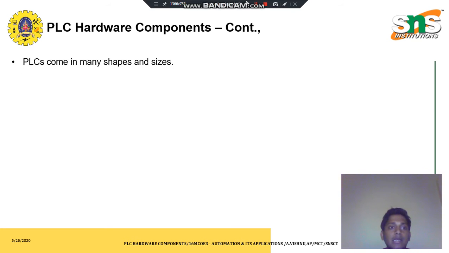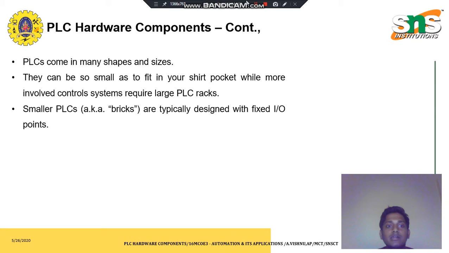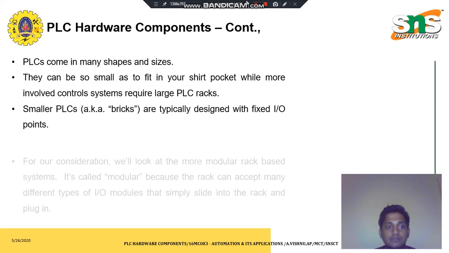So PLCs come in many shapes and sizes. They can be as small as to fit in your shirt pocket, while more involved control systems require large PLC racks. The small PLCs are also known as brick PLCs. They are typically called fixed I/O PLCs.